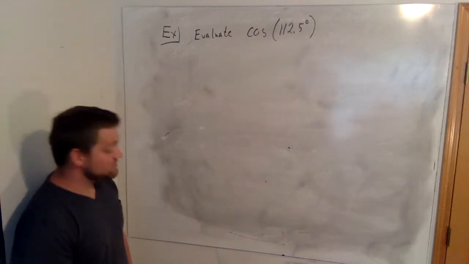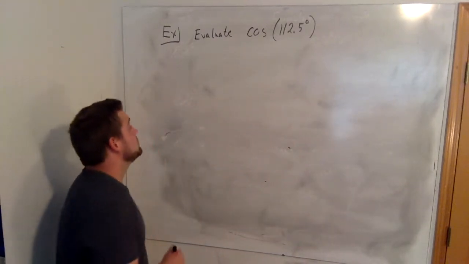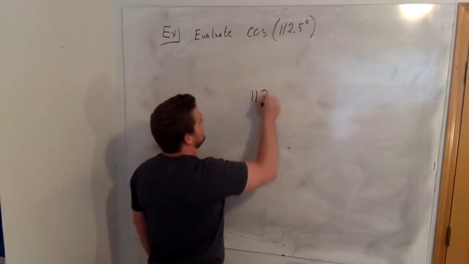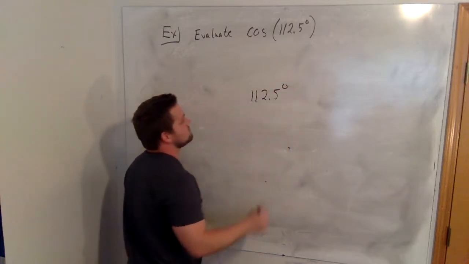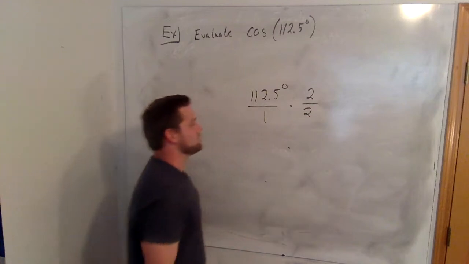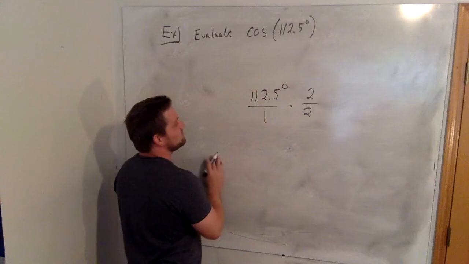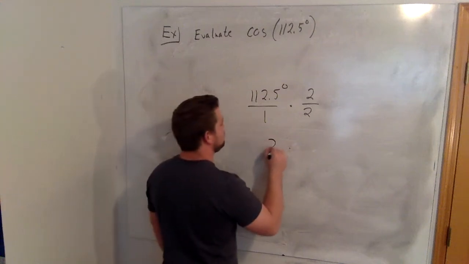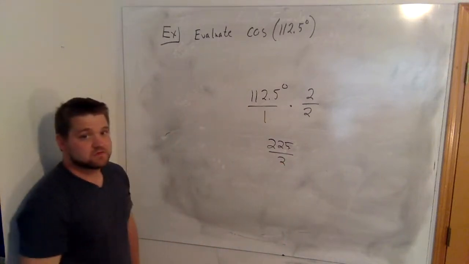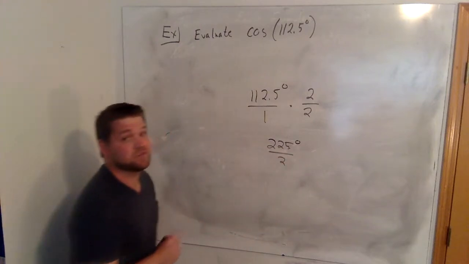The thing to notice here is this is not something that's on the unit circle. However, what we can do is take 112.5 degrees, and let's just use the best trick in the math book, and multiply this by 2 over 2. So 112.5 times 2, what is that going to give us? That's going to give us 225 all over 2. What's nice here is 225 degrees is a nice number on the unit circle.